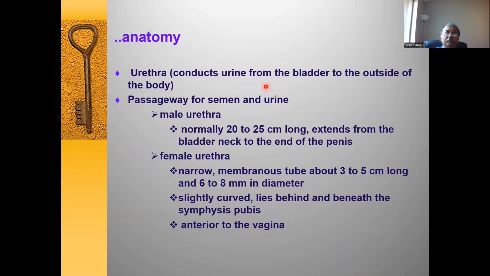The urethra takes the urine from the bladder to the outside of the body. And semen and urine can also use the same passage, the male urethra, which is 20 to 25 centimeters long.